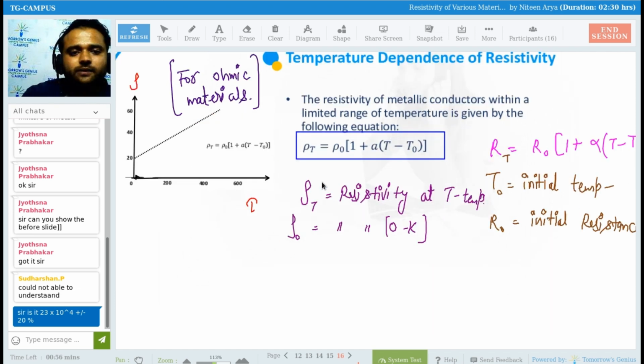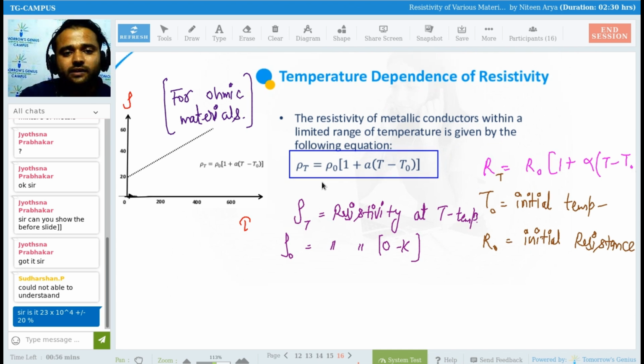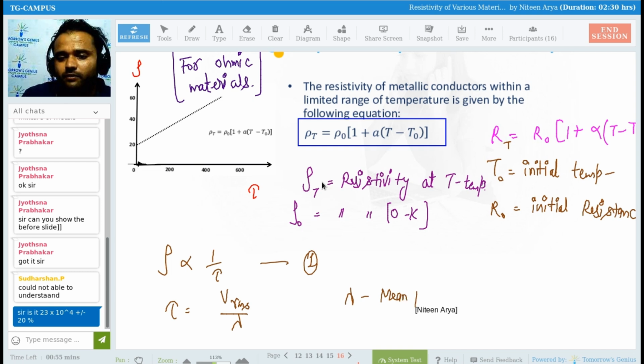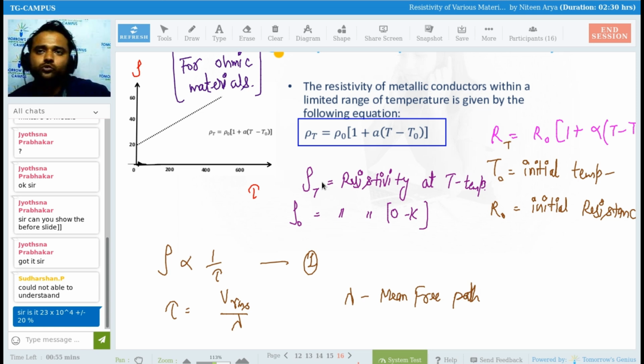In the previous class, we derived this in a great explanatory manner. Your resistivity is inversely proportional to tau, where tau is the relaxation time. This is your first equation. And tau is distance upon velocity, so it is going to be lambda upon Vrms, where lambda is the mean free path, the distance between two successive collisions.